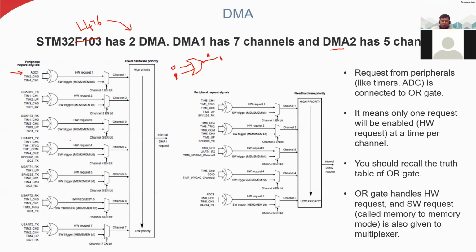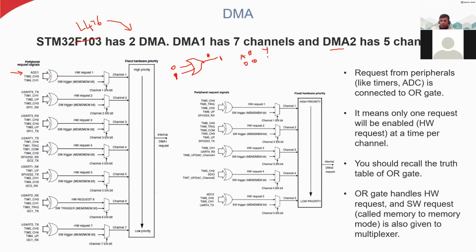Each one of these is called a channel. We have multiple interrupts faced by each channel, but each channel will enable only one interrupt. Of course you should recall the truth table of the OR gate. The OR gate is a very simple one, 0, 0. These are the inputs A, B.